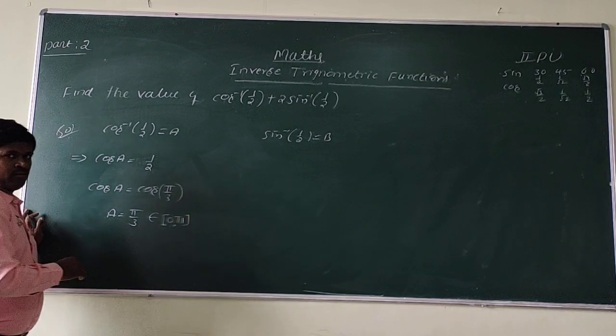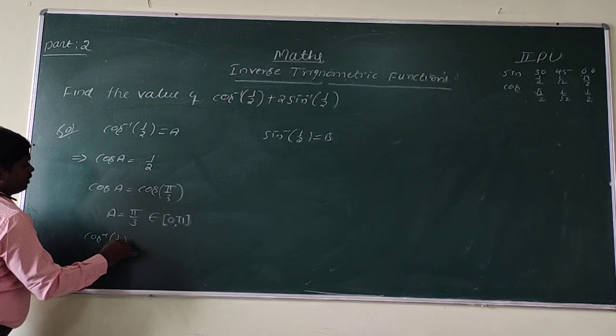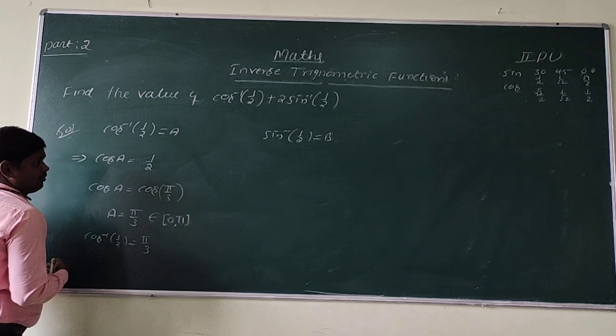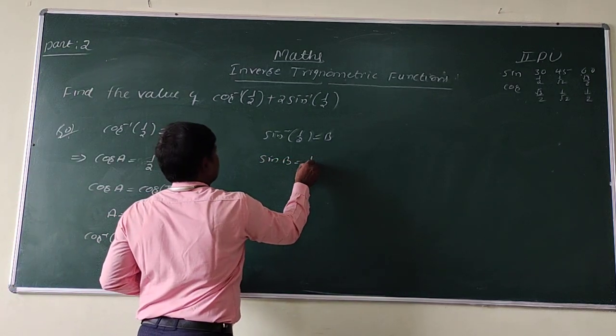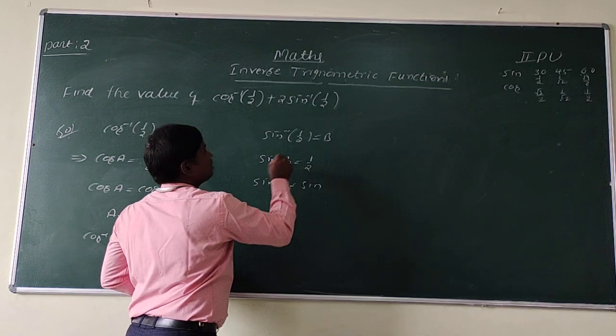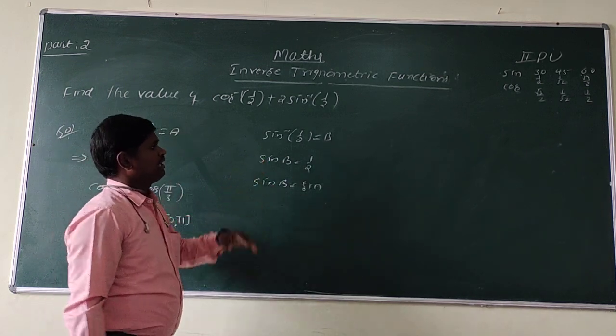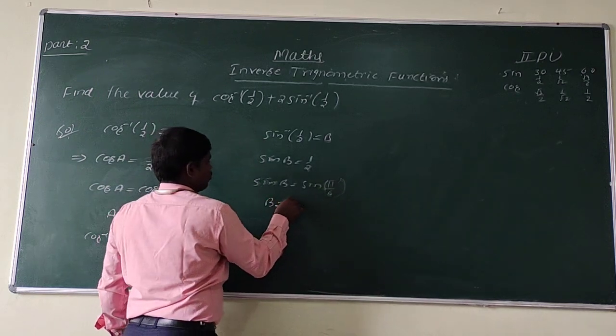Therefore this is the principal value. So cos inverse of 1 by 2 is equal to pi by 3. Similarly, sin B is equal to 1 by 2. Sin of 1 by 2 is 30 degrees, that is pi by 6. So B is equal to pi by 6.